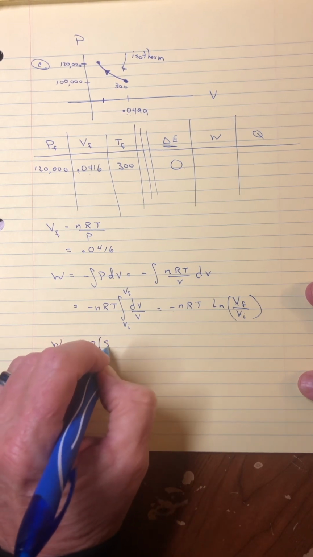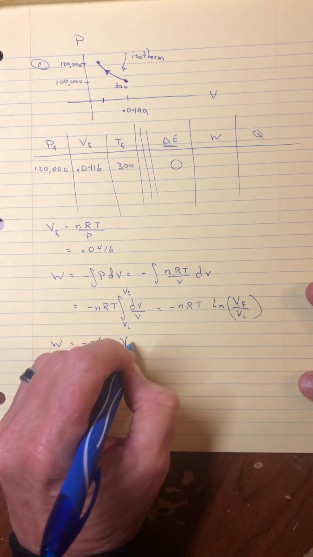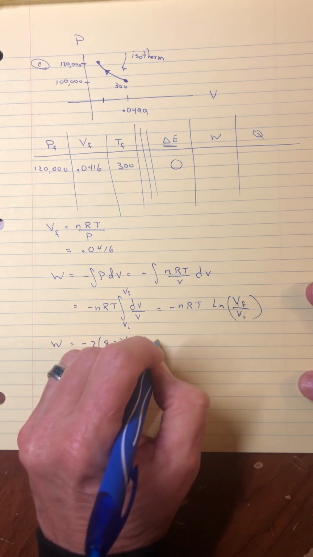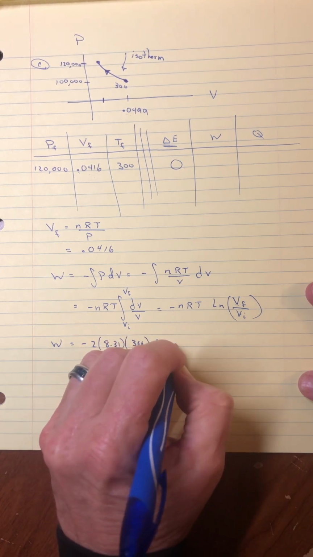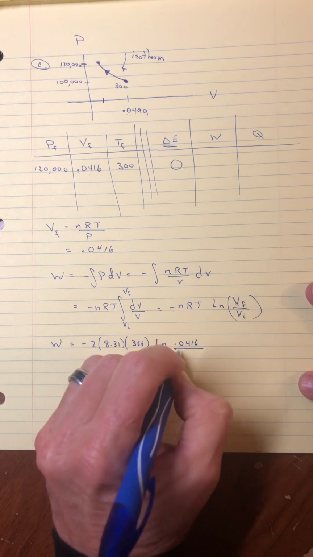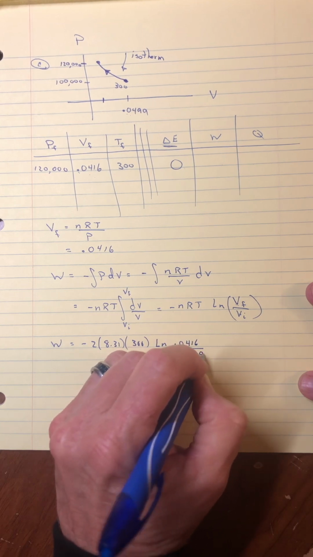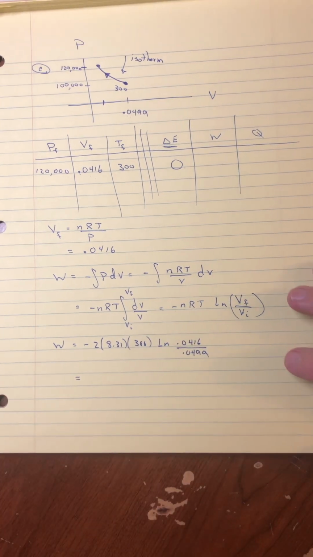So I'm going to go ahead and put in my numbers. Minus 2, 8.31, temperature is 300, natural log of 0.0416 over 0.0499.